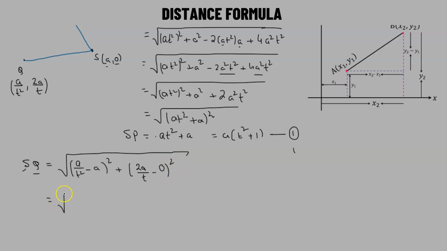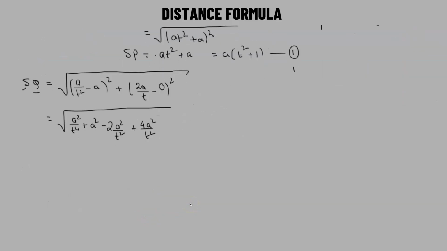This is going to give us the square root of, so let's expand it, a² divided by t to the power of 4, plus a², minus 2 times a/t² times a, that will be simply 2a²/t². This will be added to 2a over t minus 0, that's simply (2a/t)², so that gives us 4a²/t².